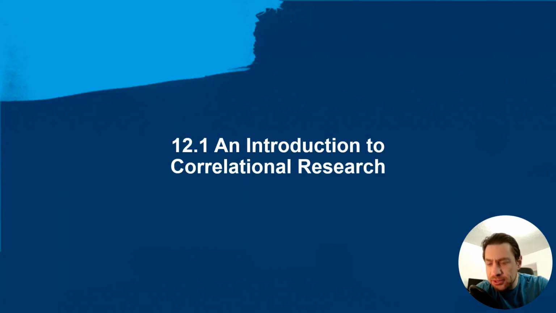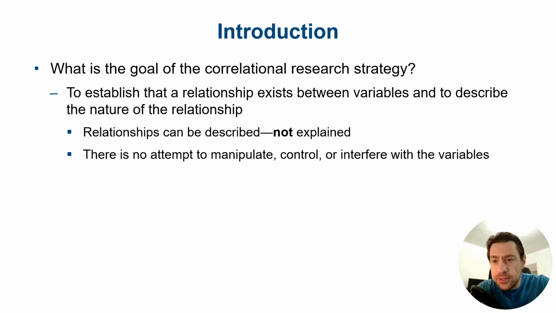This is section 1 of chapter 12, and the goal here will be to introduce the topic of correlational research. So the correlational research strategy is one of the 5 basic strategies that we discussed previously in this course.